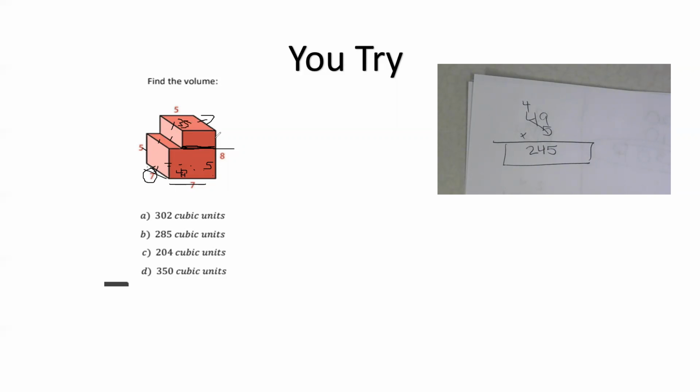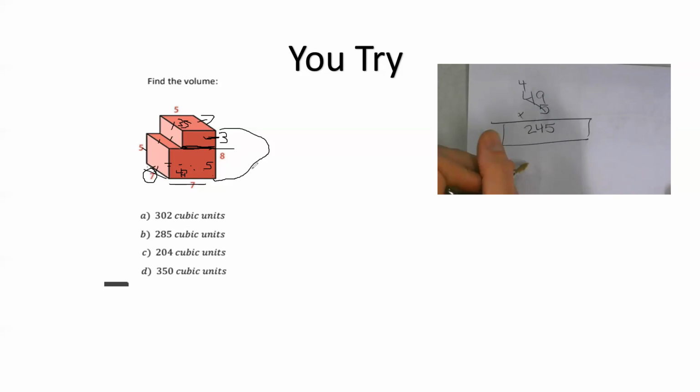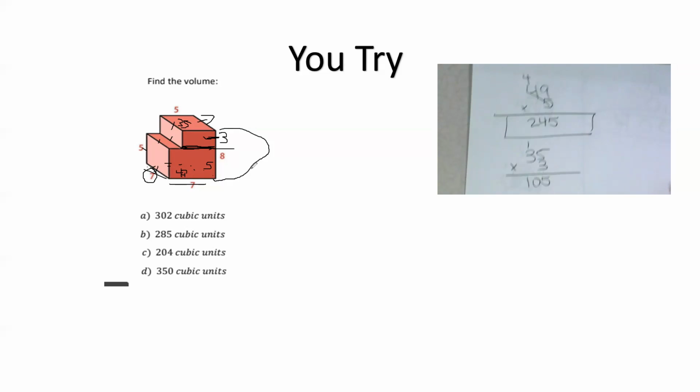So the area of the top's 35. I got to figure out what this is. Ooh, I know that if the whole thing's 8 and the bottom part's 5, 5 plus 3 equals 8, so that has to be 3. So 35 times 3 is 105.